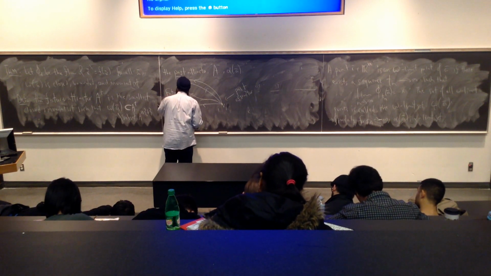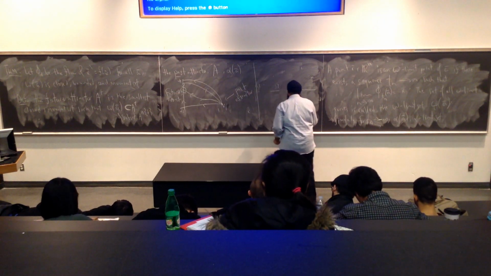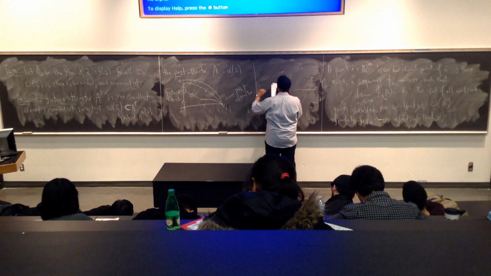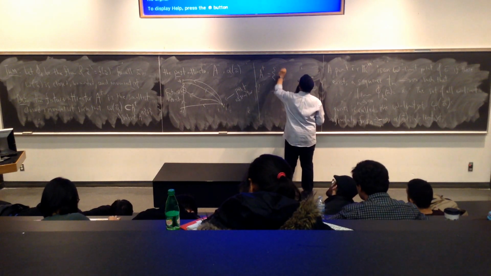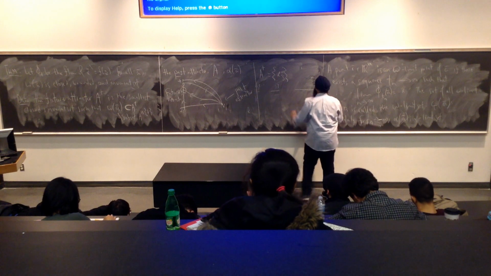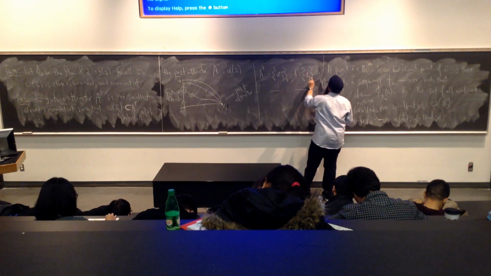So this is a way of visualizing what it is I'm talking about. And so for the example here, we would say that A plus is x3, and we could say that A minus is x1.